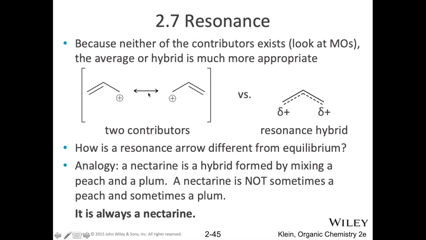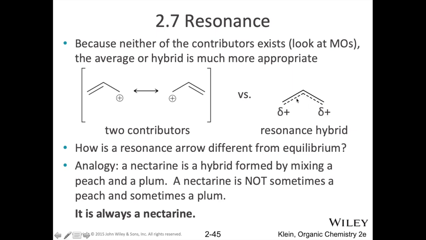So if you were to take an average of these 2 molecules, this resonance structure has a positive charge on the right carbon, this one has it on the left carbon. If we were to average that, we would have partial positive charges on both carbons. Likewise, I have my double bond on the left, and over here I've got my double bond on the right. In reality, that double bond is kind of spread between both halves of the molecule.